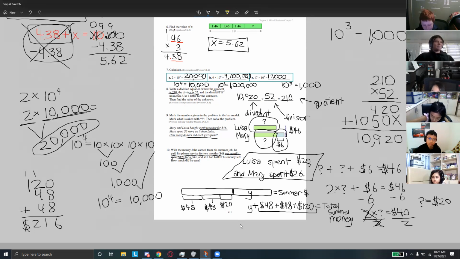So I know that Y plus $216 is equal to his total summer money. Great.